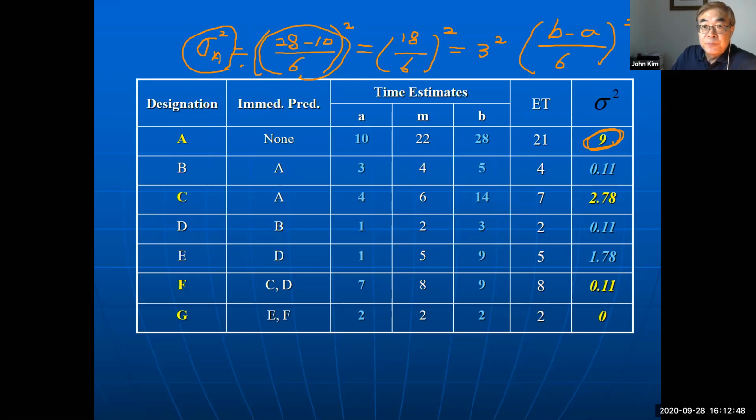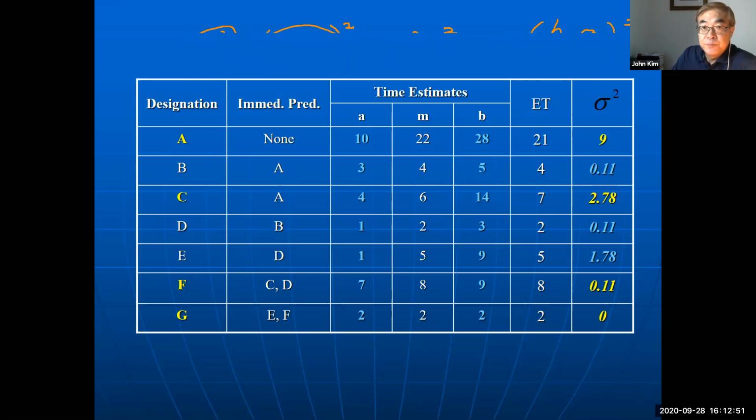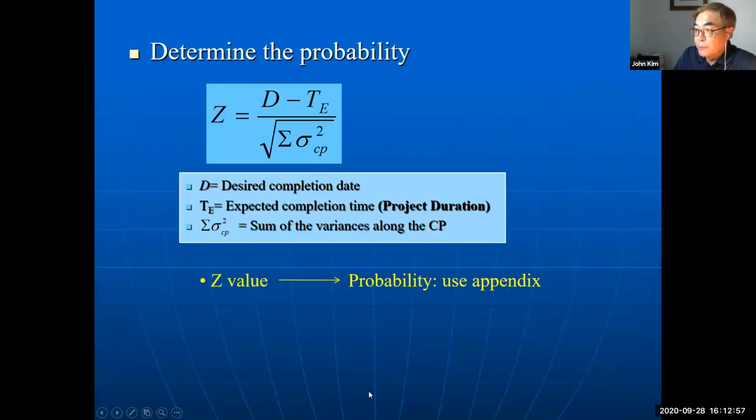And then for the z score, we need the square root of the sum of variance on critical path only.